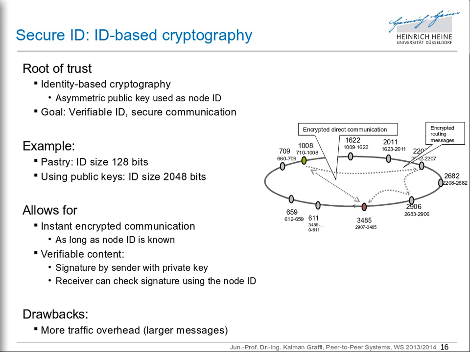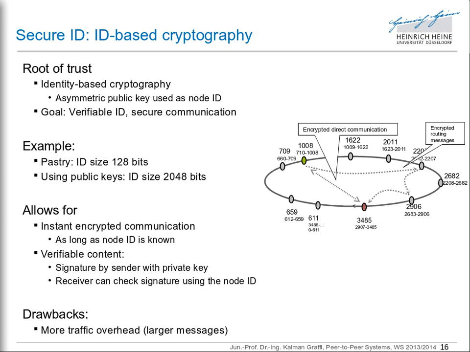First of all, the node ID will be quite big if we use RSA public keys. For example, we have a node ID which has 2048 bits. With this, the routing tables also grow.